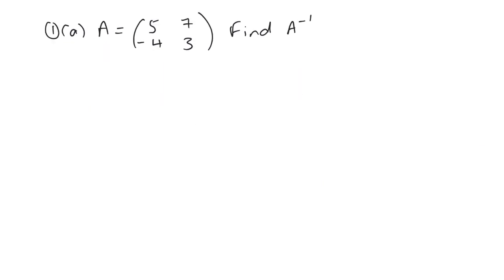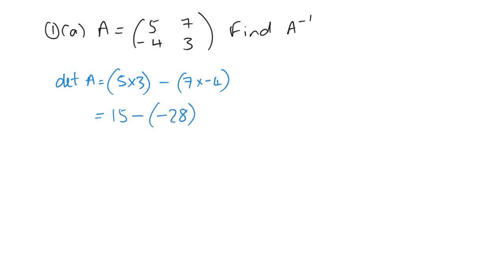So example 10, finding the determinant of, or the inverse of A here. First of all, we'll find the determinant of A. So that's 5 by 3 minus 7 by minus 4. So that's 15 minus 28. So we get 15 plus 28, which is 43.